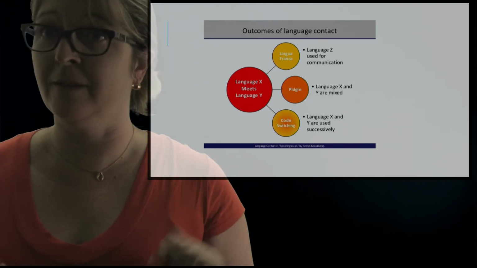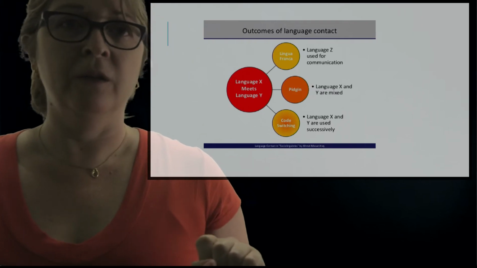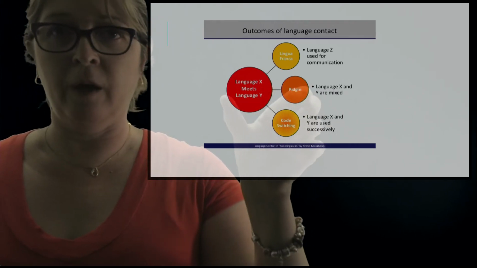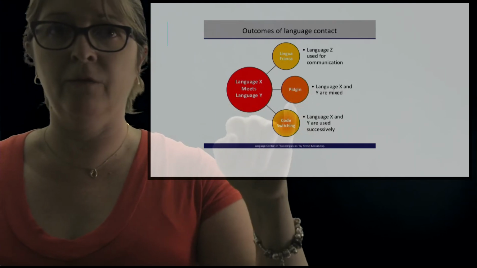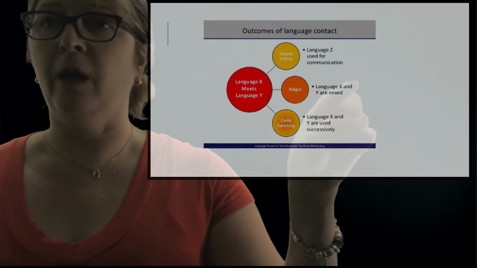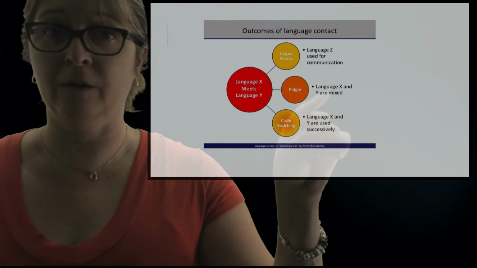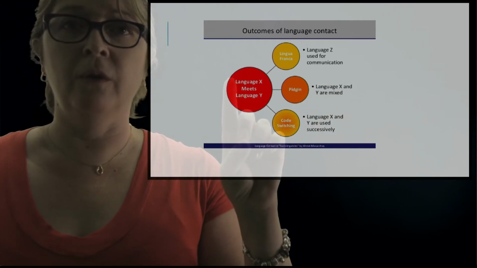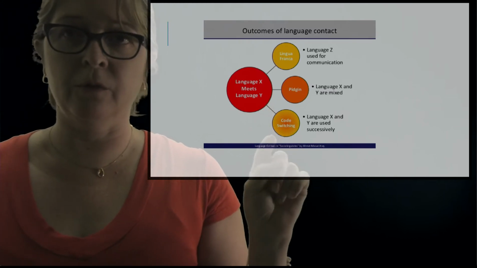For business, trade. You could also have X and Y mixed together and form a pidgin. So X plus Y, right? XY. Another possible outcome is code switching.